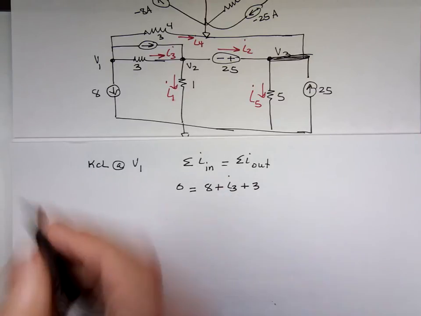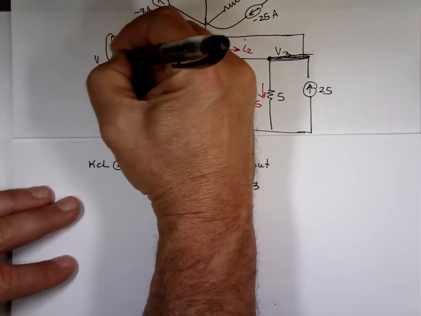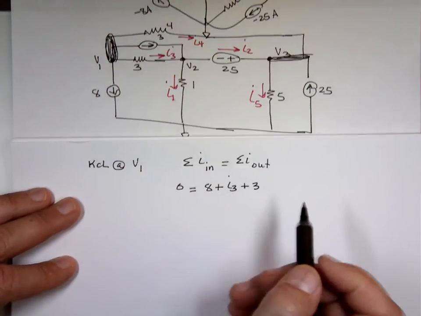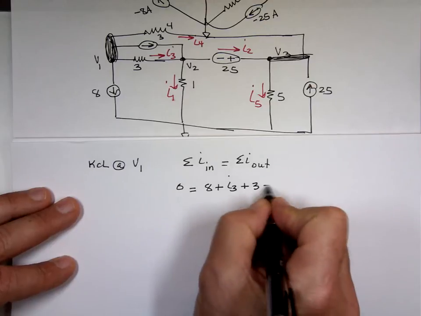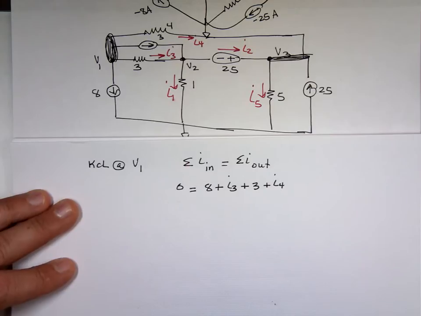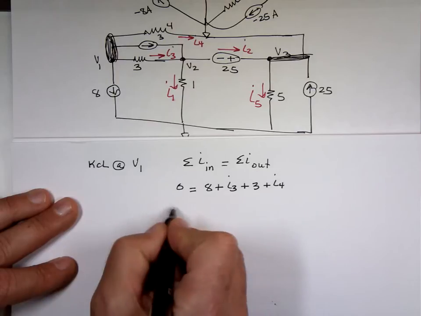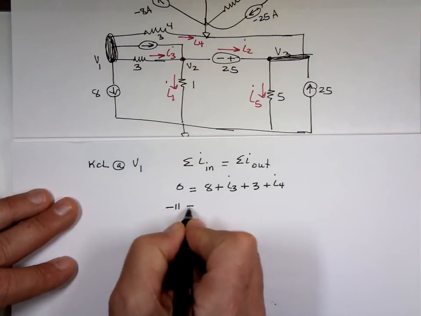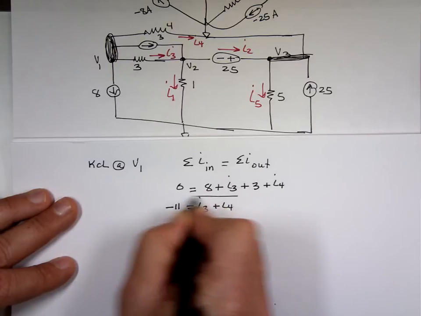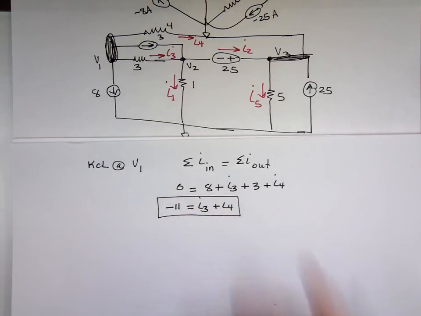Remember, this V1 is really all of this. The 3 amp, and what else leaving? Is it I sub 4? So if you clean it now, you have 8 and 3, 11, move it to this side, negative 11 equals I sub 3 plus I sub 4. Can't do any more with it.